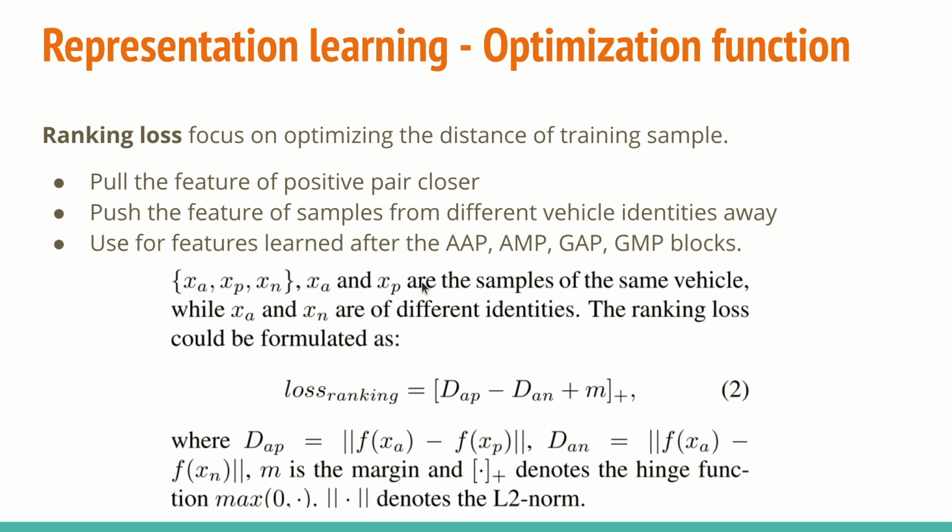In that, SA and SP are samples of the same vehicle. SA and SN are samples from different vehicles. The ranking loss is computed here, where DAP is the distance from SA to SP, and DAN is the distance from SA to SN. We can see that it's trying to make images of the same vehicle closer, and make images of different vehicles farther apart.